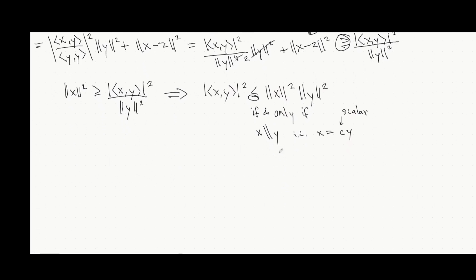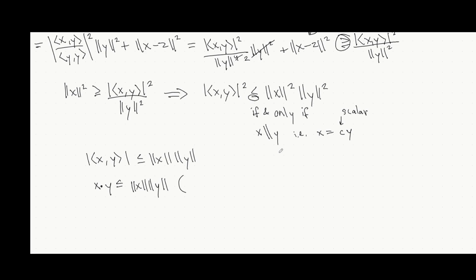And we can also write this inequality without the squares, so that just says that the modulus of the inner product is less than or equal to the product of the norms. Or, for the dot product formula, we get that the dot product of x with y is less than or equal to the product of the norms.